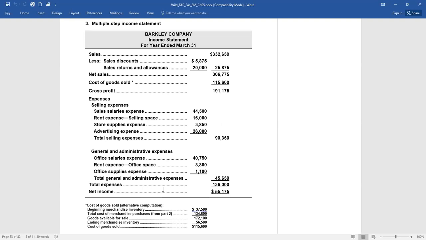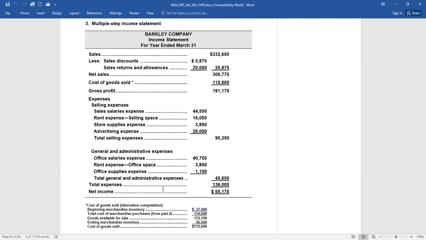So when we subtract our total expenses after subtotaling each category and getting an overall total, we subtract the $136,000 from gross profit. We get net income. Bottom line, $55,175. Now remember, if we had items such as interest revenue or interest earned, it might be called, or interest expense, we would have an other section.